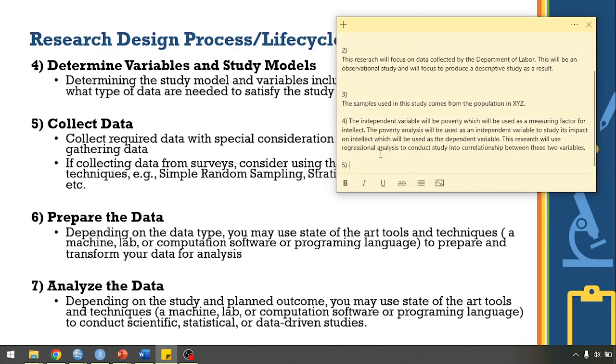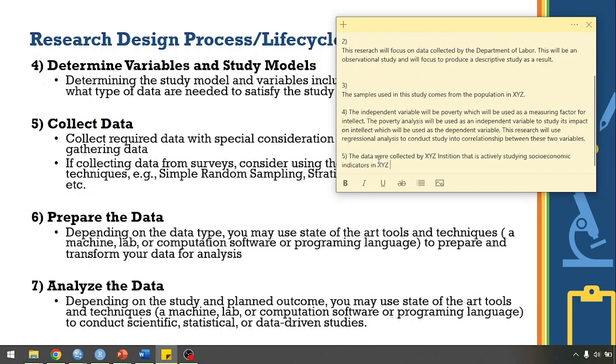If it comes from a data source, then you can just explain what data source your data came from, that you did not have to sample, which organization or institution keeps this data, and how they collected it. Either way, you have to provide some explanation about the integrity of the data. So you could say the data were collected by XYZ institution that is actively studying socioeconomic indicators in XYZ place.